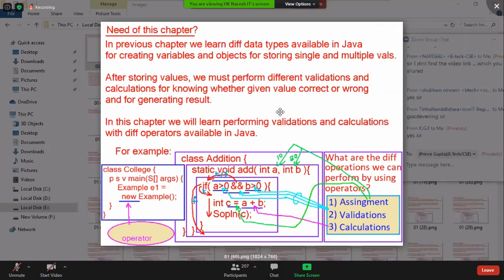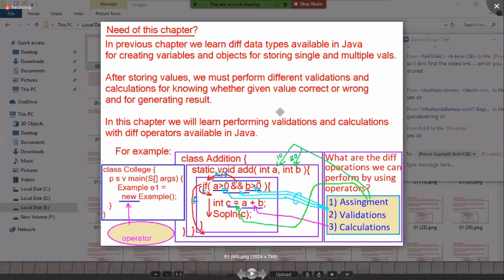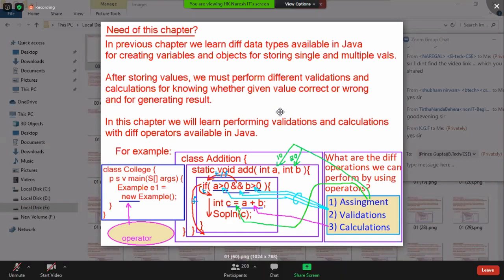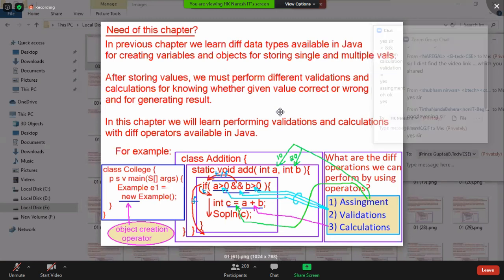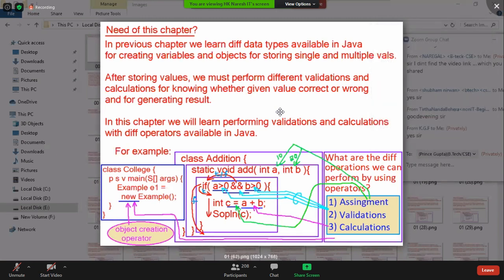What operator is it? Plus is an addition operator. Greater than is a relational operator. And is a logical operator. Single equals is an assignment operator. Like that, new is an object creation operator. Are all catching my point? Now, the new keyword performing an operation is also kind of what?